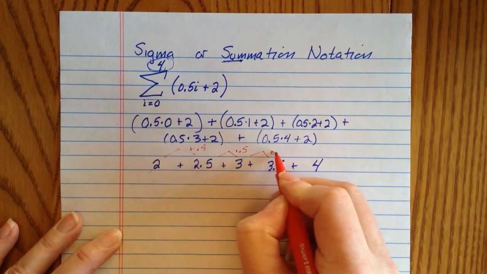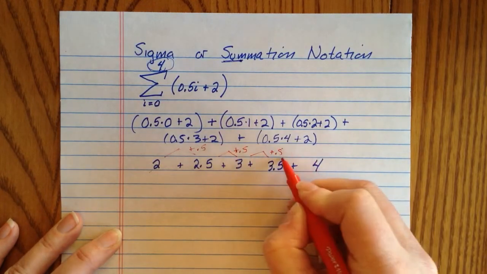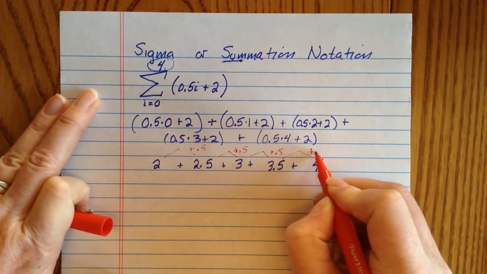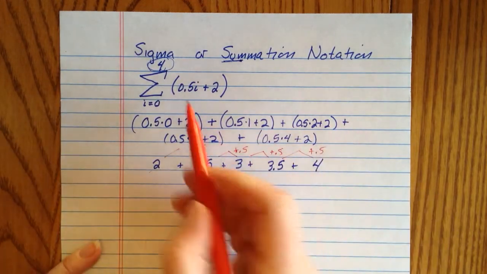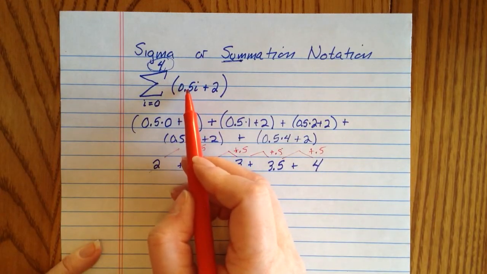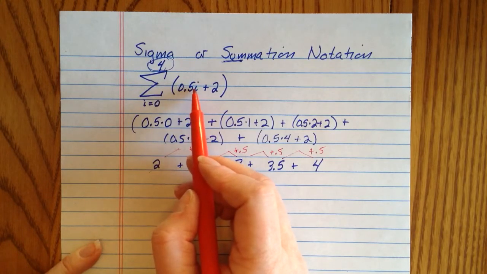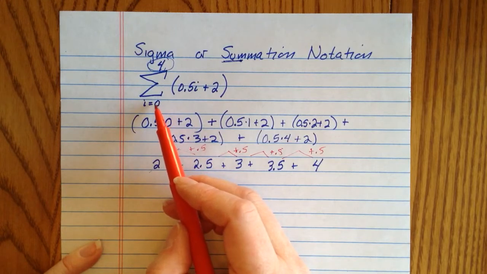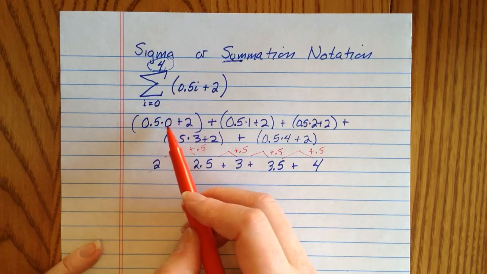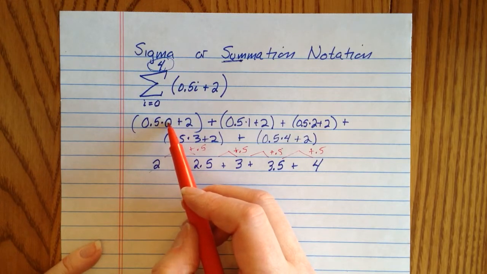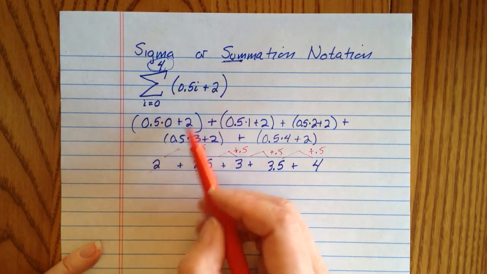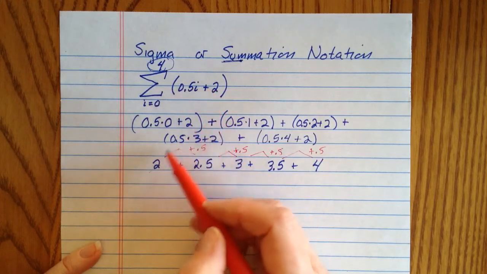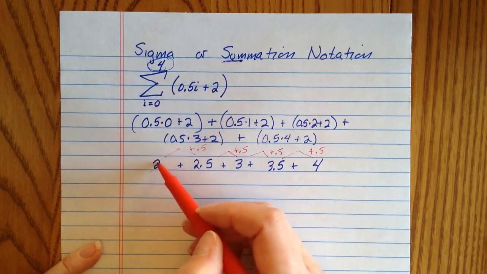That sounds familiar. Sure enough, in our notation, the 0.5 is right here, multiplied by the I, the counter number. Because we started with 0, it's not random. Because we started with 0, as it turns out, this first number is the value right here.